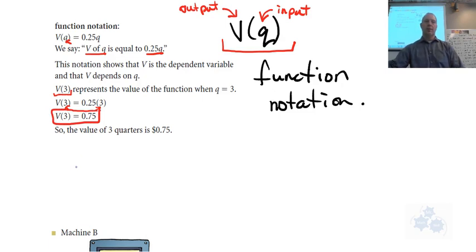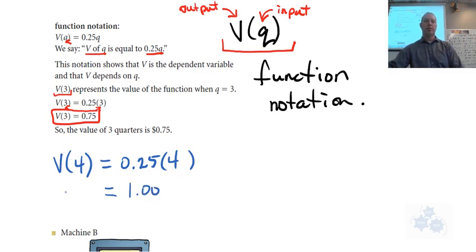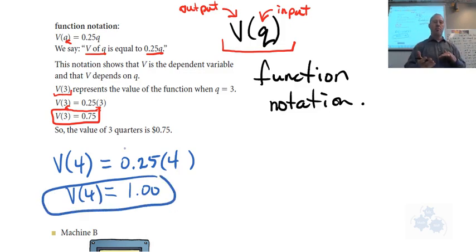Okay. So what would be v of 4? Well, that would be 0.25 times what? What would I put in there? 4, because that's the input variable. And so v of 4 is what? $1. So you have the connection between the input and the output.